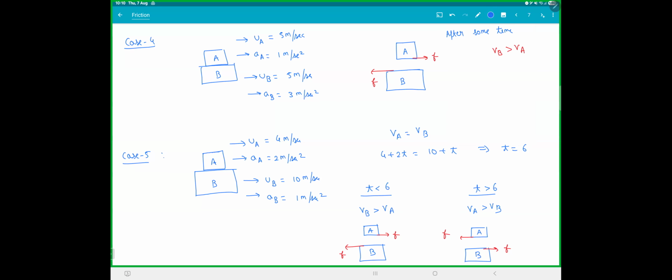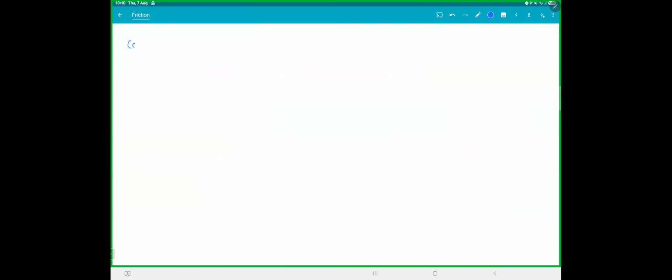Let's see one more case. I think if you got this, then you understood how to get the directions. There are 4 blocks.